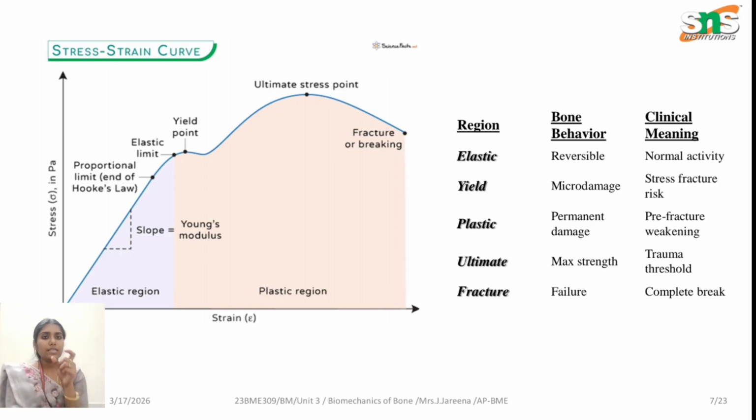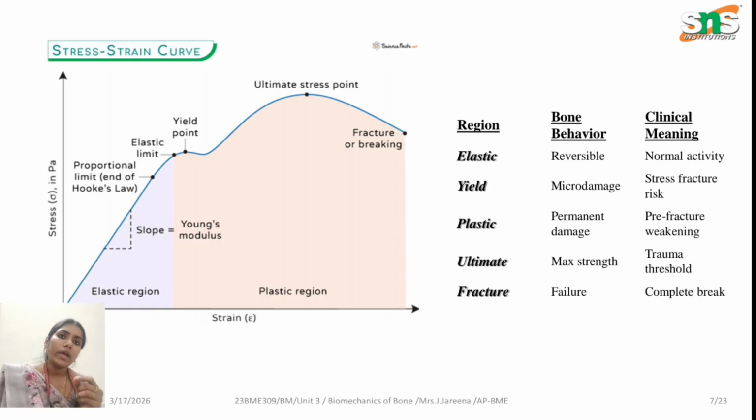Elastic is the initial region, where the bone behavior is very reversible. We experience this in normal activity like walking, sitting, standing. Whatever stress we apply, once the stress is removed, the body part regains its original shape. That is the elastic property.